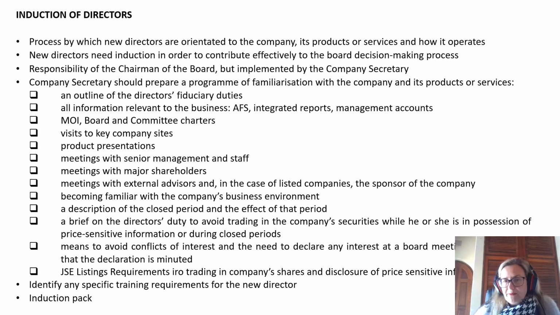Then all the information relevant to the business: the annual financial statements, integrated report, management accounts, and any significant reports that will give them the information on the company, how it's performing, and what its strategy is. The MOI being the Bible of the company, the powers of the board and the shareholders, the board and committee charters.